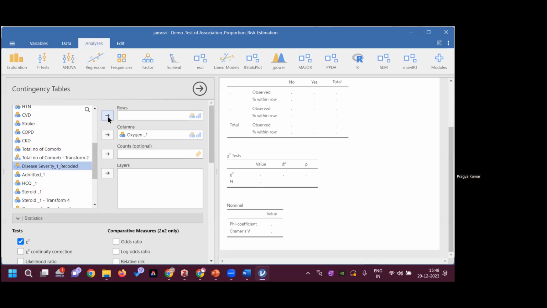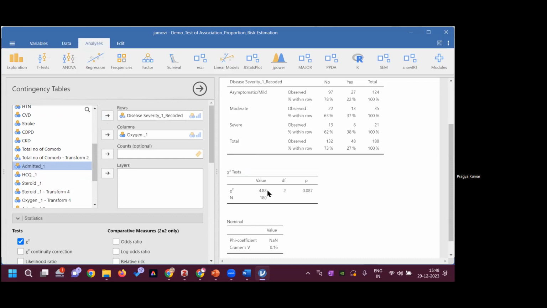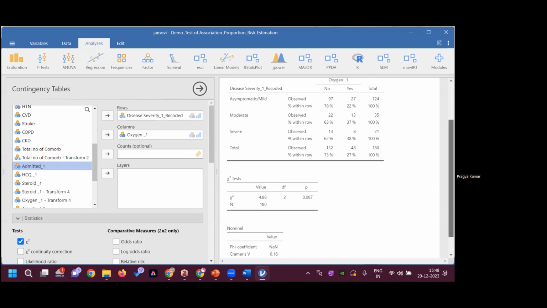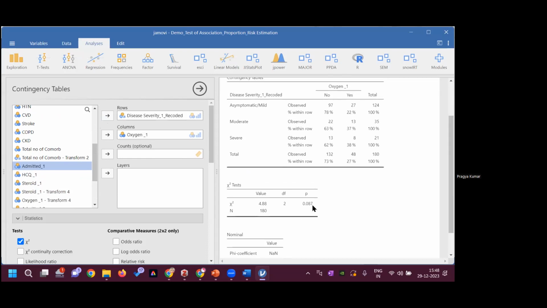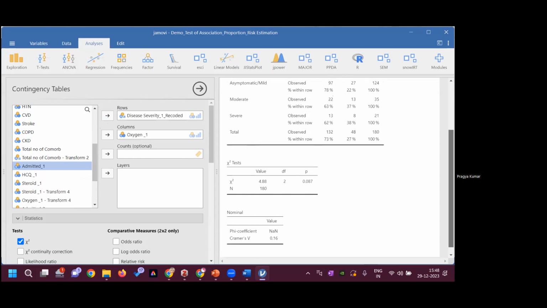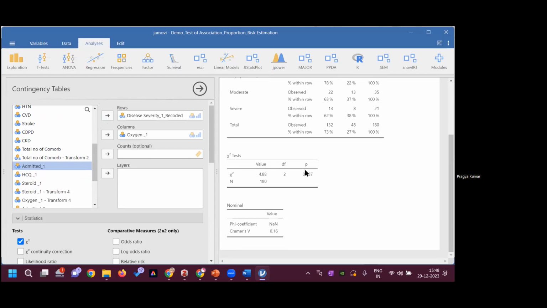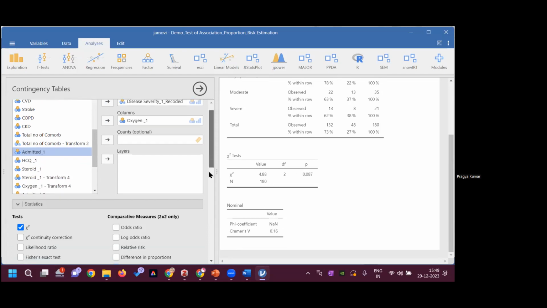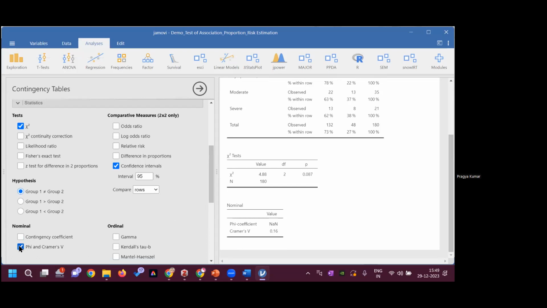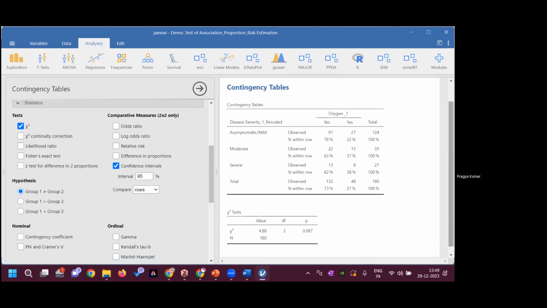So this is the disease severity: asymptomatic or mild, moderate, and severe. You can see the value of chi-square is not significant. And you can see here the value of the phi coefficient. It is not needed since this chi-square is not significant. You don't need to comment on phi and Cramer's V.